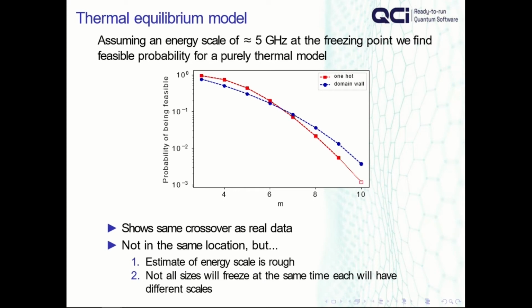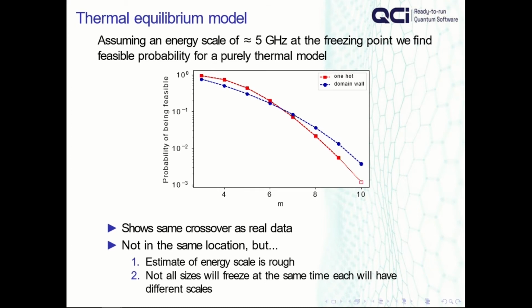We can think about why that is. Again, here's a thermal equilibrium model where we look at what happens if we just have it fixed at a temperature. What we find is, as we raise the size, again, the same crossover. If we think about what's going on at this large size, this makes sense. One thing I mentioned before was that in the domain wall encoding, you're using one fewer qubit per variable.